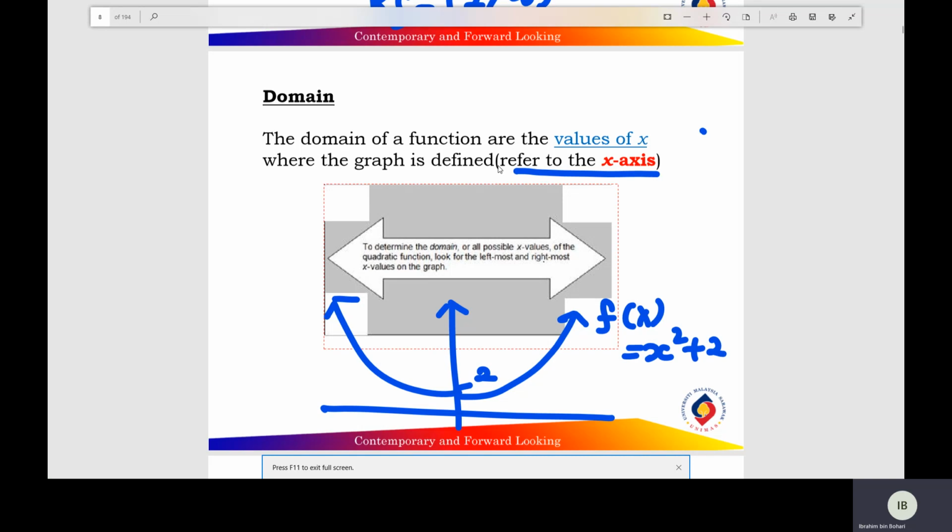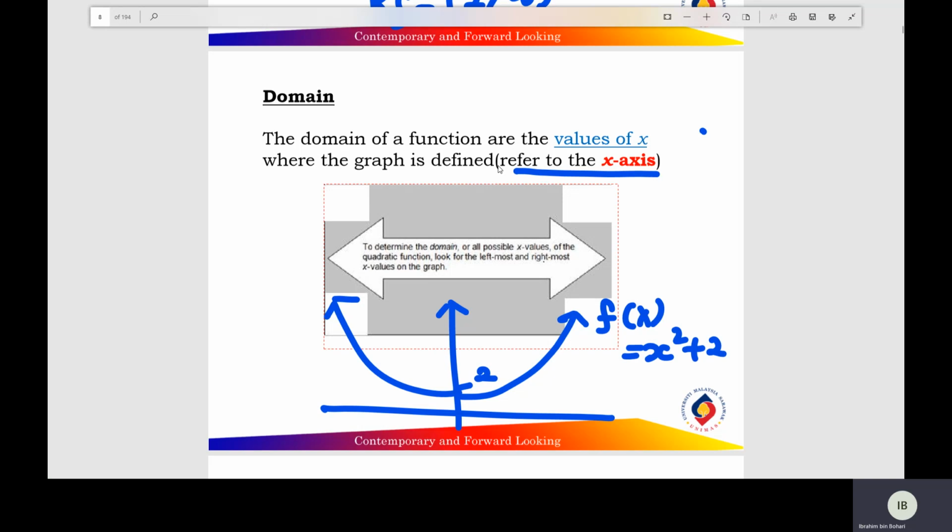To determine the domain of the quadratic function, you check all the possible x values. You look for the leftmost and the rightmost x value on the quadratic function.